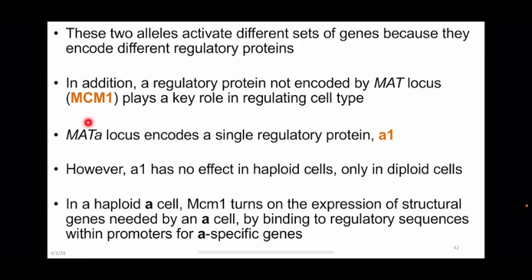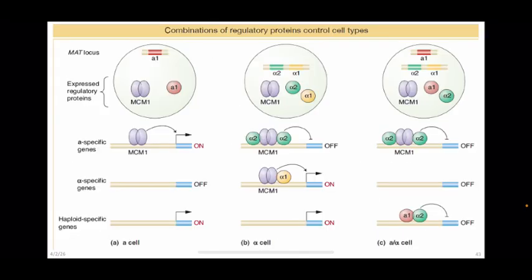It is also a regulatory protein, but it is not encoded by the MAT locus, unlike MAT alpha and MAT A. So in A cells, MCM1 is responsible for cells becoming A type. It turns on the expression of structural genes by binding to regulatory sequences within the promoter of the A specific genes. So this is it for the A type cells.